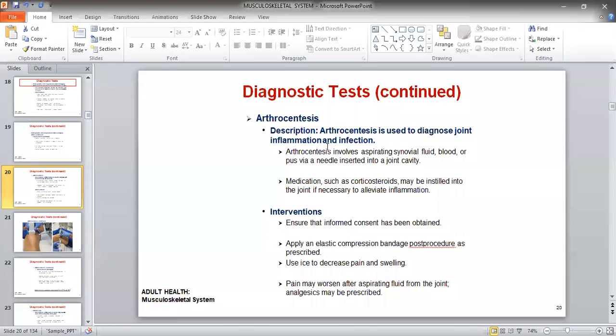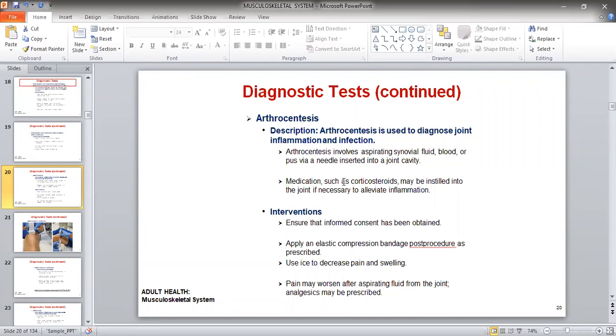So inflammation and infection, and also sometimes we have to remove fluid from the joint by arthrocentesis. It's called therapeutic. Arthrocentesis involves aspiration of synovial fluid, blood, or pus. A needle is inserted into the joint cavity.